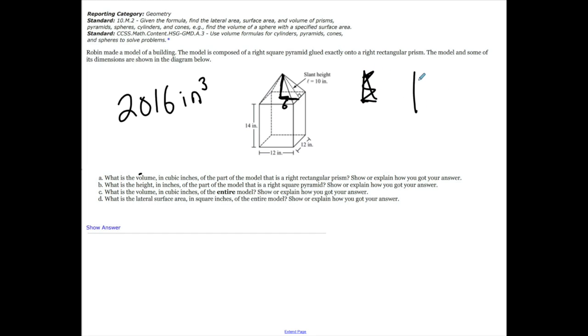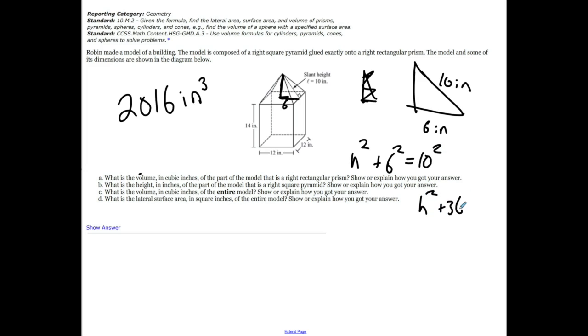If you imagine the slant height is 10 inches, and this is 6 inches, then the height squared plus 6 squared equals 10 squared. So the height squared plus 36 equals 100. So the height squared is 64. So the height is 8. In other words, the height of the pyramid is 8 inches.